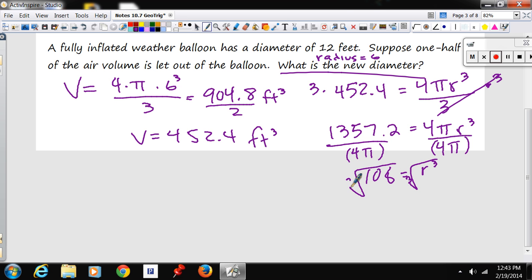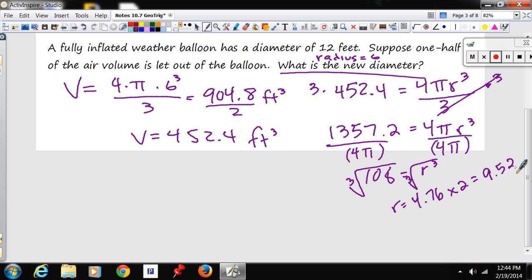Third root of 108. So you might have a button on your calculator that's got the square root with a little x on it. So you need to hit the 3 first, then you hit that button. Then you put in 108 and then equals. And you get 4.76. So my radius is 4.76. If I double it, that will give me my diameter. 9.52.